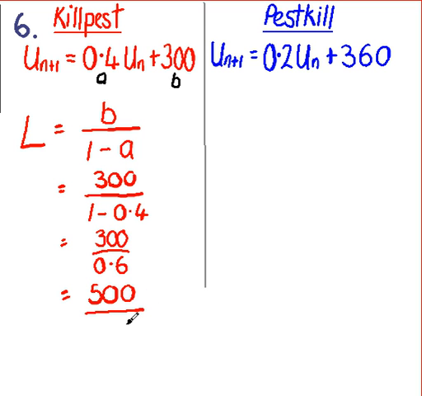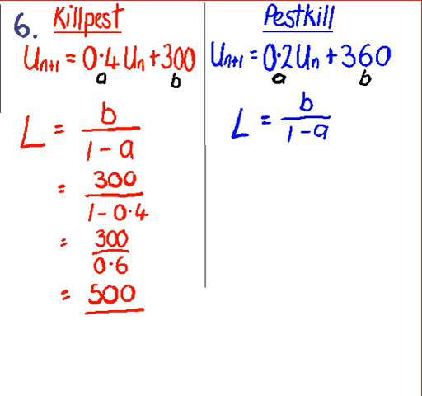What we want to do now is the same thing again, only this time for Pestkill. So once again, starting off with our limit formula, where A and B are the numbers indicated. A is 0.2, B is 360.